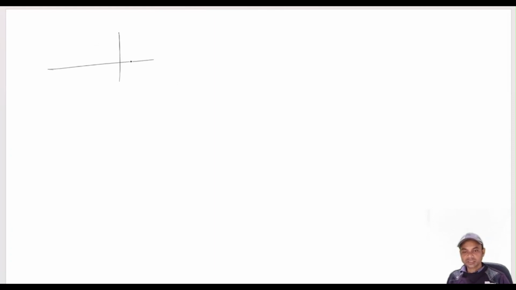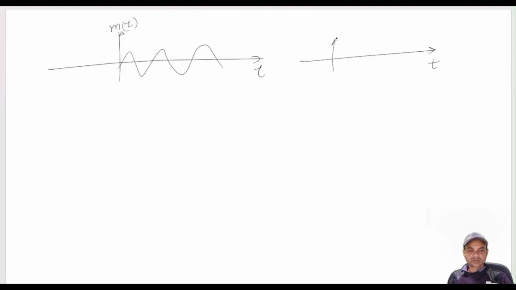Suppose this is our message signal, this is t, this is our m(t). Okay, and I am drawing our carrier signal too. Then if mu is less than 1, what will happen?